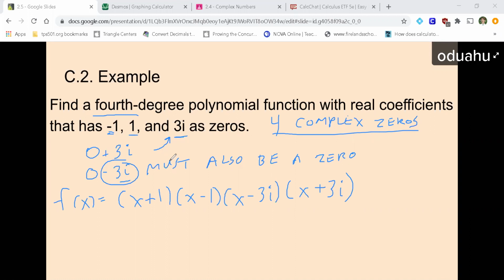So we just write our function as a series of linear factors. Again, how I made these is just doing the opposite signs on all of these. If I want negative 1 to be 0, then I would have to have my factor as x plus 1. That way, if I plug in negative 1, plus 1 is 0.